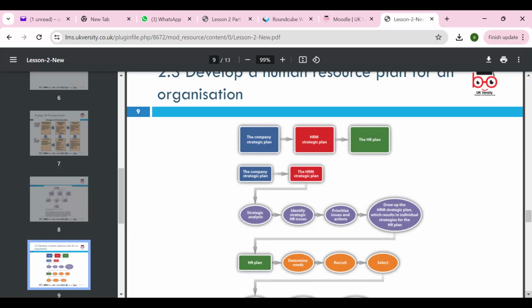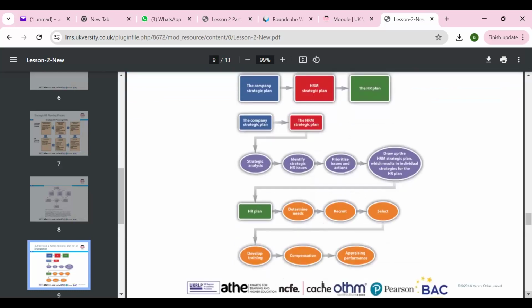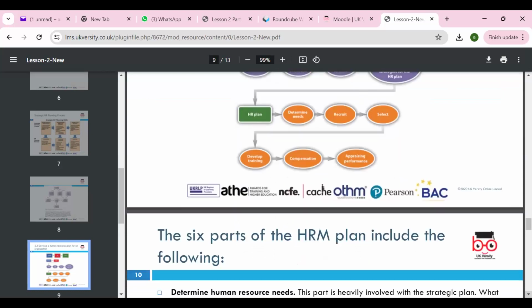According to the soft approach, the David Guest model, which we discussed in the previous lesson, that's also very important to review. So in the HR plan, we can determine the needs, recruit, select, and develop through training, with compensation and appraisal.